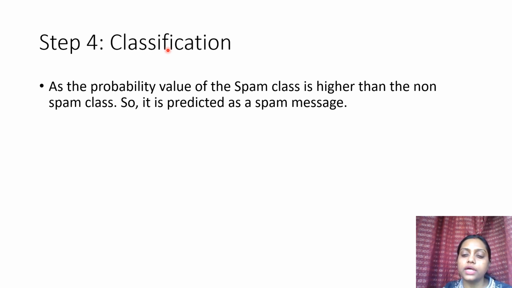Though this is a very toy example, it means that if a message contains the words win, urgent, and buy, these three keywords present in a message, then it is classified as a spam message. So this is predicted like so.